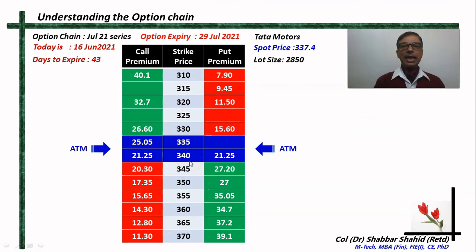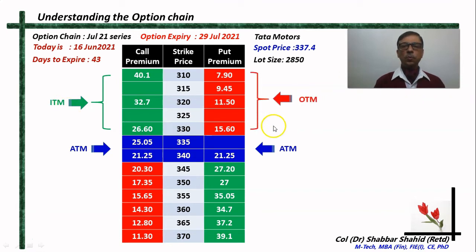All right. And then we also know that when the spot price is more than the strike price, more than all these strike prices, in such a case the call options are called in the money call options. So all these three call options which are available for the July series are called in the money call options.